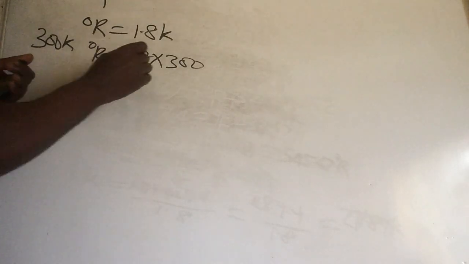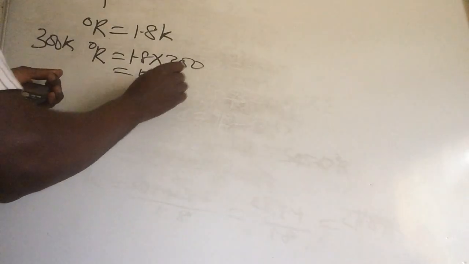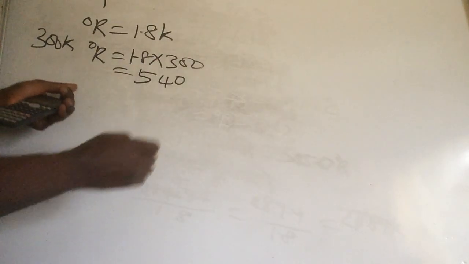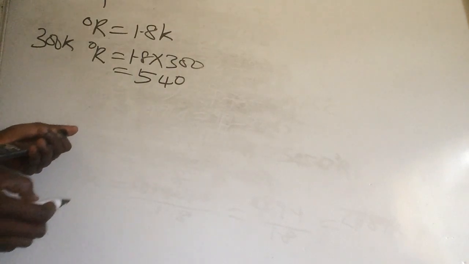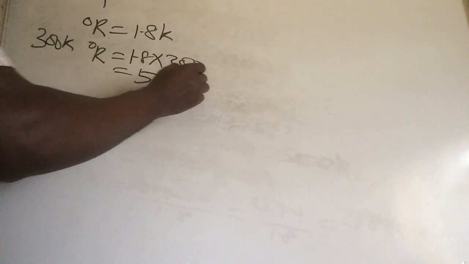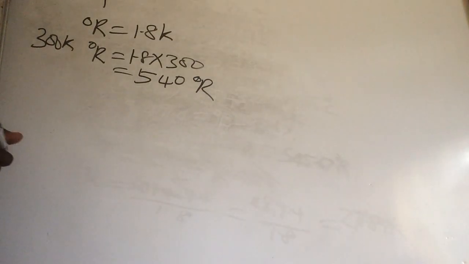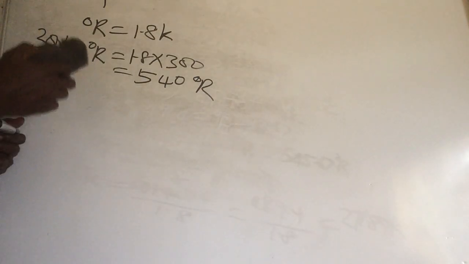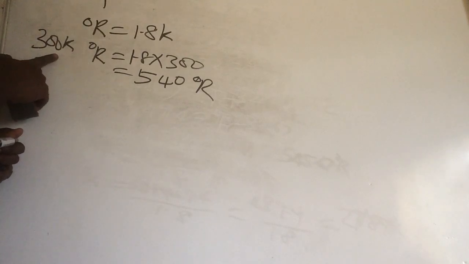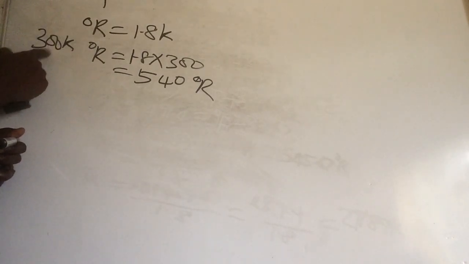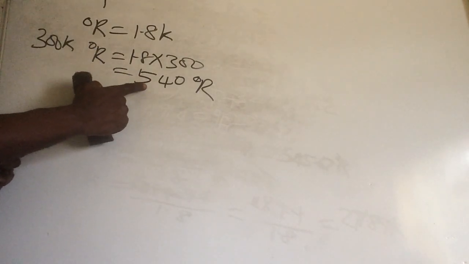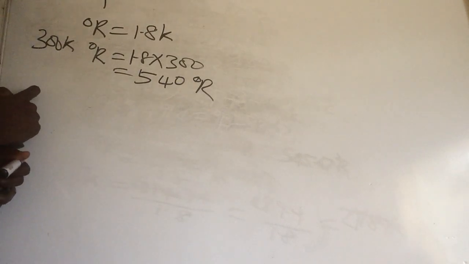We now have 300 times 1.8, we now have 540 degrees Rankine. So if you want to convert 300 Kelvin to Rankine, the value will be 540 Rankine.